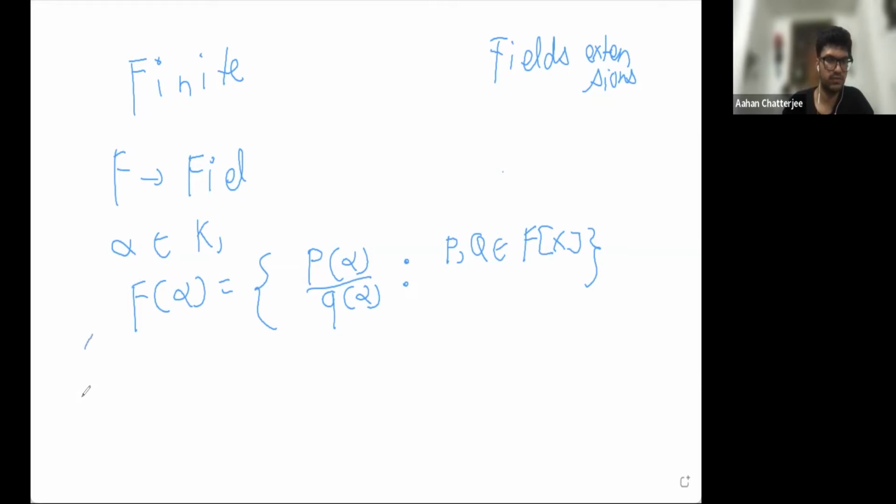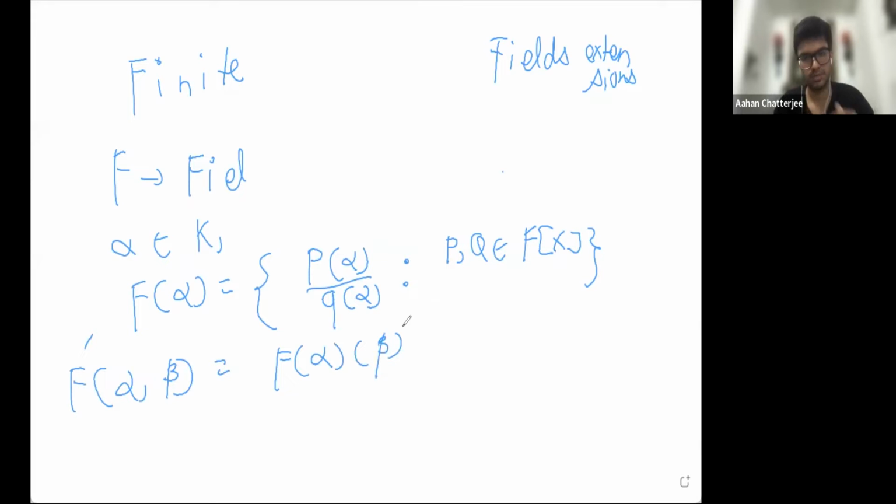And now similarly, if you want to define F(alpha, beta), you repeat the same process, and what we did for F(alpha), you replace F by F(alpha).